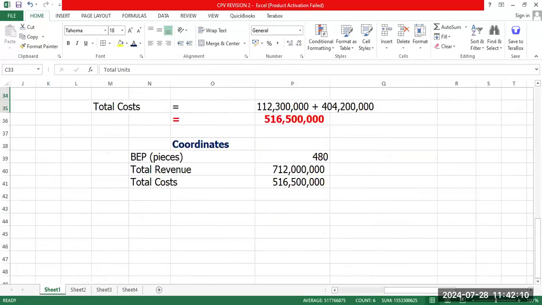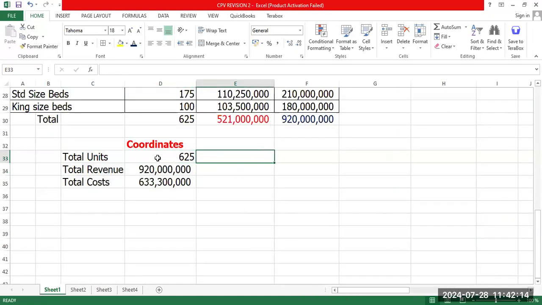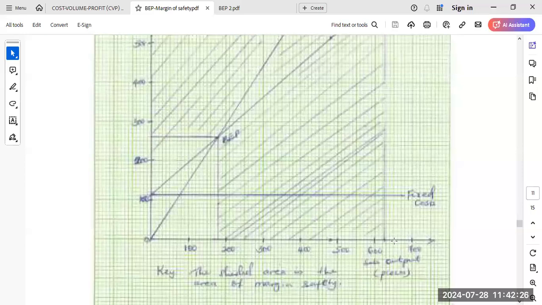What is your level of output? This is your budgeted information. The level of output is 625. Stand where you have 625. This is where I have 6, because this is 600, then approximately.